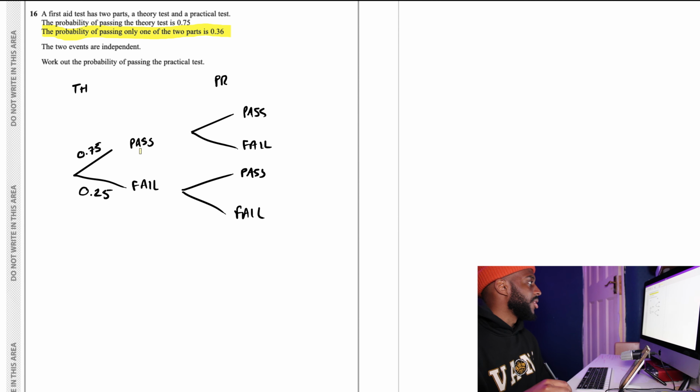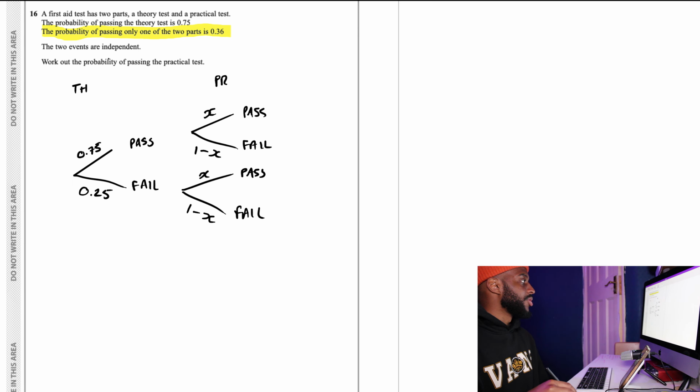Instead, we have to create an equation. So what I'm going to put there is that our chance of passing is going to be X. We don't know it. But what we do know is our branches need to add up to 1. So if passing is X, to fail would be 1 minus X. And the same for this one. And the same for that one. So that's how we set it up initially.